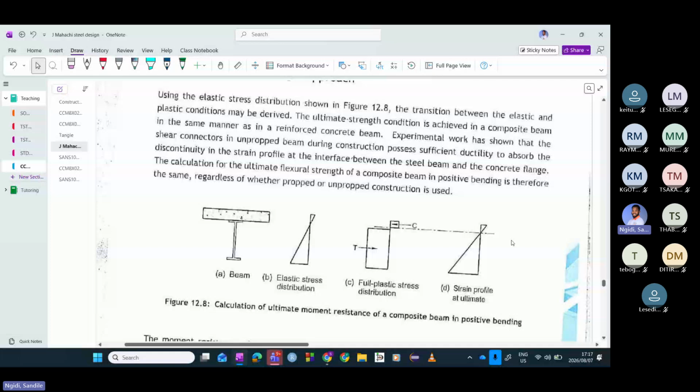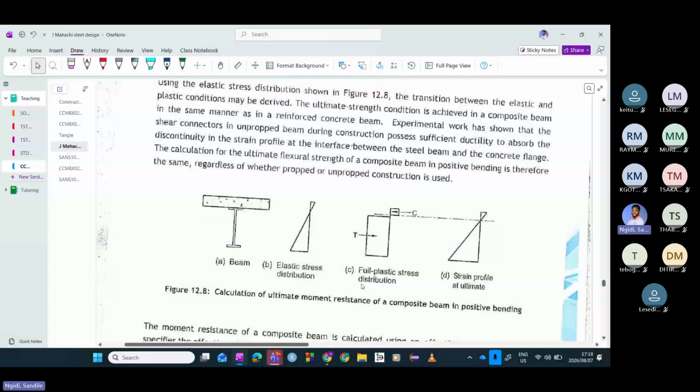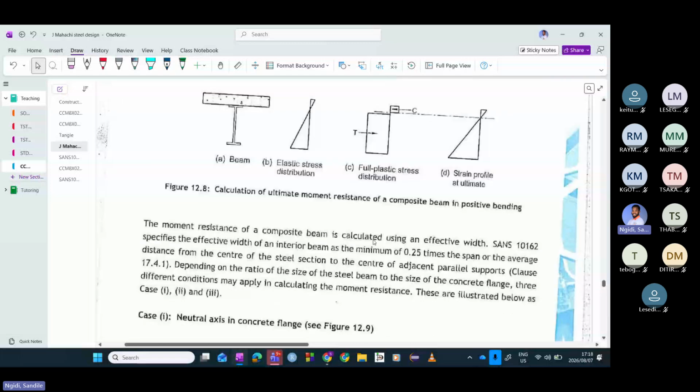And then it says here, I think it's important that we read these paragraphs, so that we don't miss these important things. So it says here, the moment of resistance of a composite beam is calculated using an effective width.